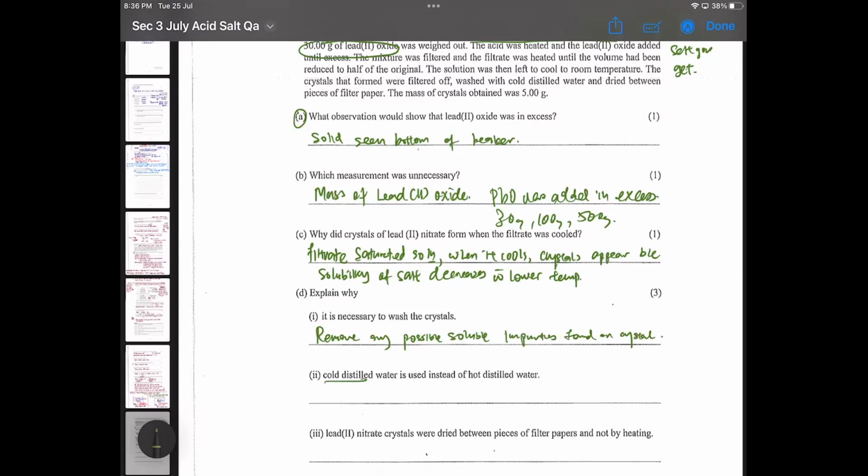Okay, why is cold distilled water used instead of hot distilled water? This is because if it's hot, the crystals are likely to dissolve.